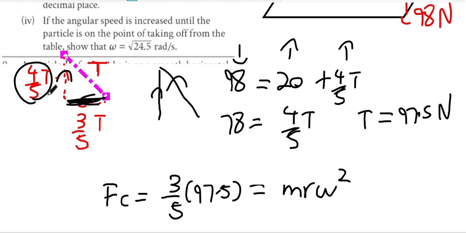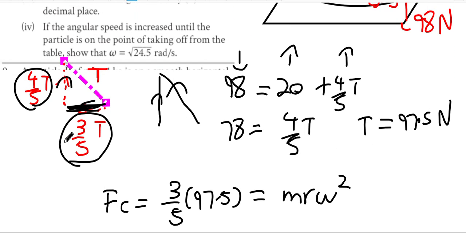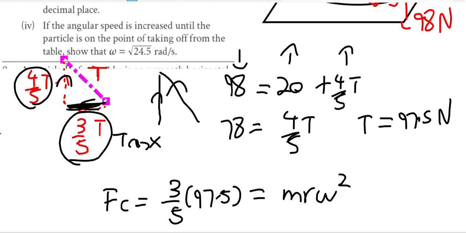That leaves the horizontal component. And remember, it's a horizontal circle. So that's the force that's aiming along the circle towards the middle. No, that's the radius. The radius is 0.3. It's T cos x, the component of tension along the radius. Exactly, that's what we've been doing.